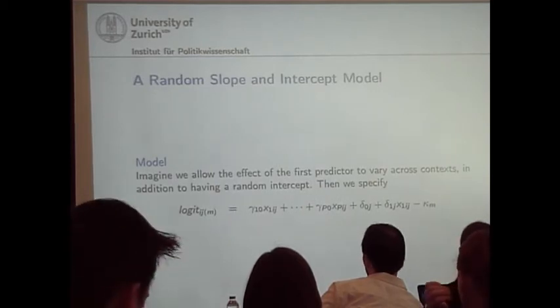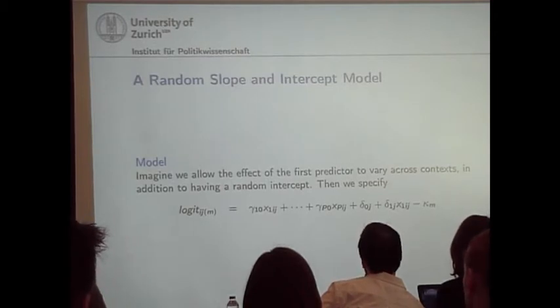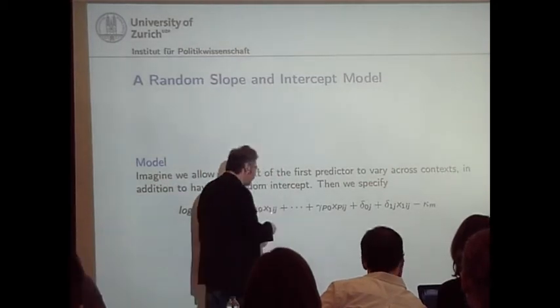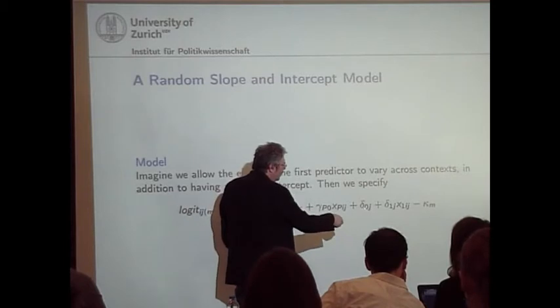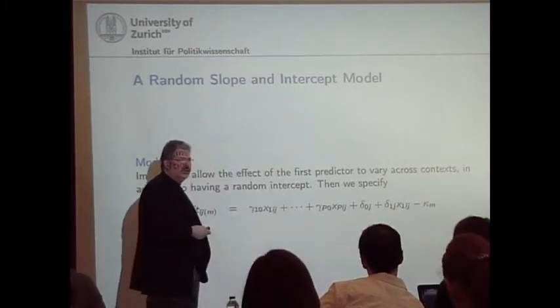Now we could add random intercepts and slopes. If we do it just for one predictor, say the first one, we would add this component, delta 0j plus delta 1j, x1ij.